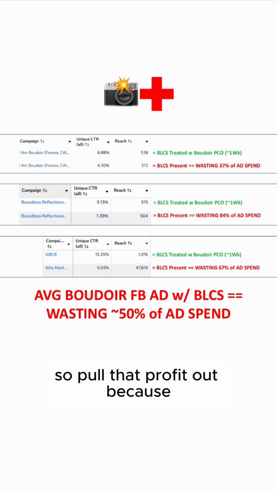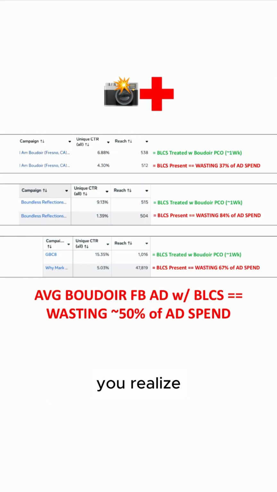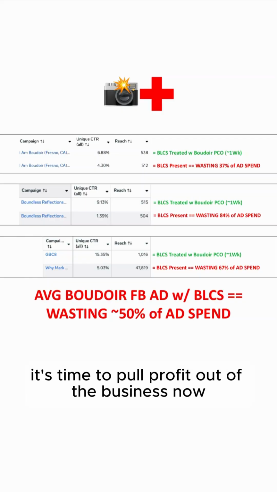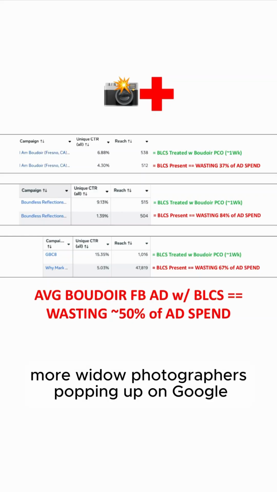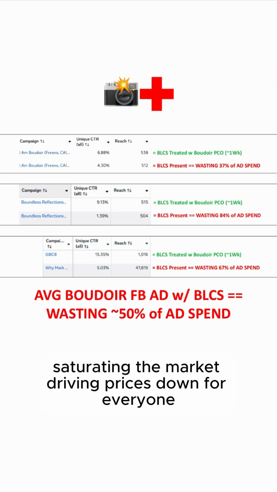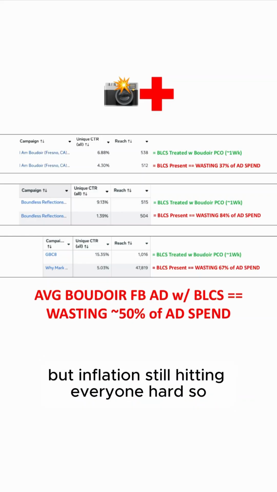So pull that profit out because you realize it's time to pull profit out of the business now, because more boudoir photographers are popping up on Google My Business, saturating the market, driving prices down for everyone, but inflation's still hitting everyone hard.